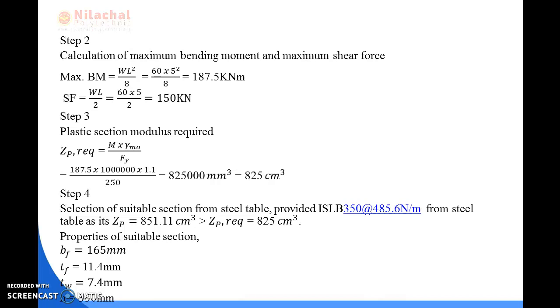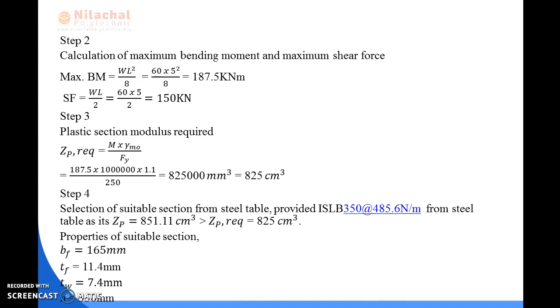Now comes step 2. Step 2 is the maximum bending moment and maximum shear force calculation. As only UDL is provided on this simply supported beam, we apply the maximum bending moment and shear force formulas for a UDL on a simply supported beam.